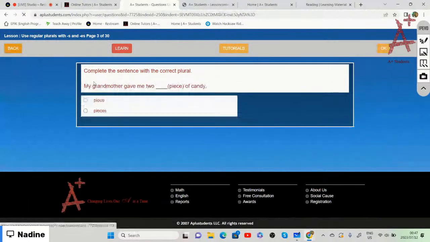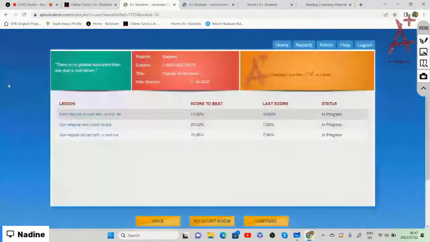All right, so basically, with regular plural nouns, right, most times we just add either an S or we add ES to the word, or to the noun, to basically make it into a plural, right? And a plural indicates that there is more than one noun, either more than one person, more than one animal, more than one place, or more than one thing, right?